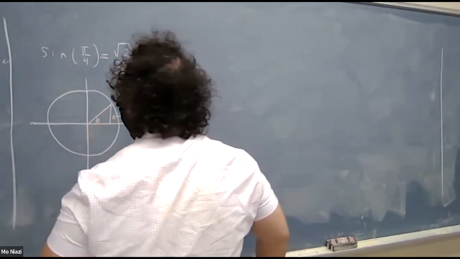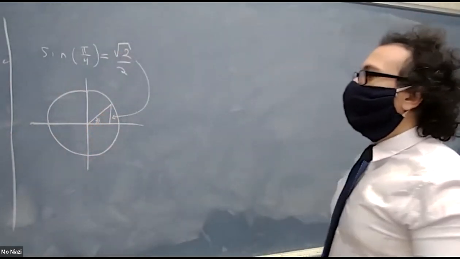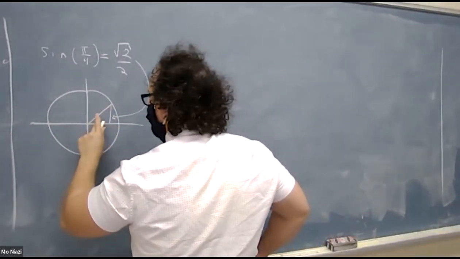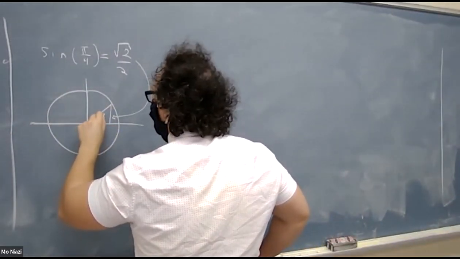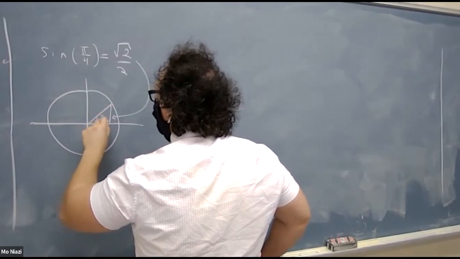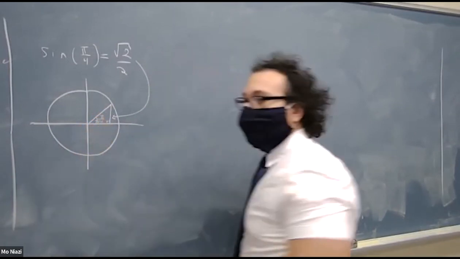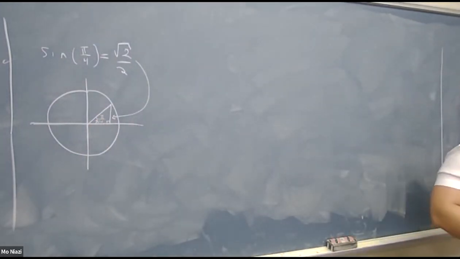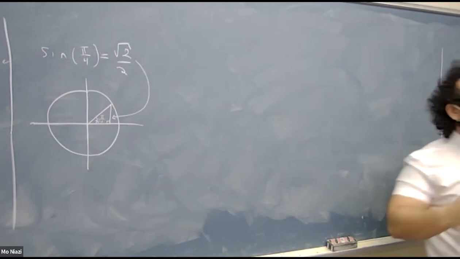Yeah, it's one of the legs in a right triangle formed at the unit circle for the angle pi over 4. Right? It's a length. So sine or cosine, whenever we input an angle, it's going to output a length.